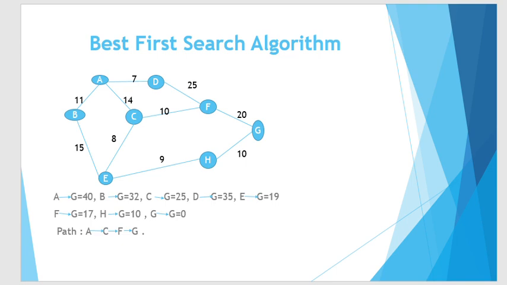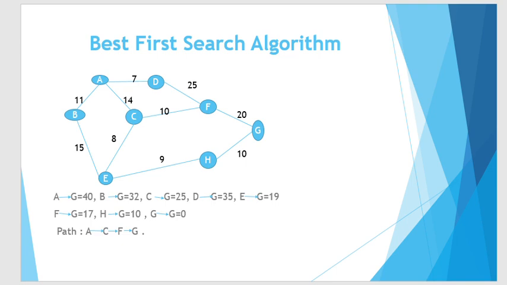Because F is to be explored first, then you explore E. See, F is taking you to G. And what is the cost to go from G to G? 0.